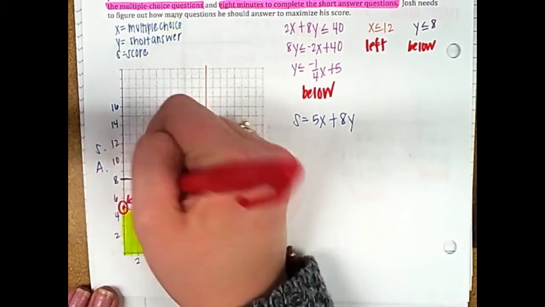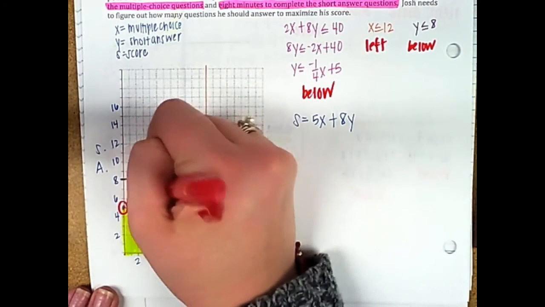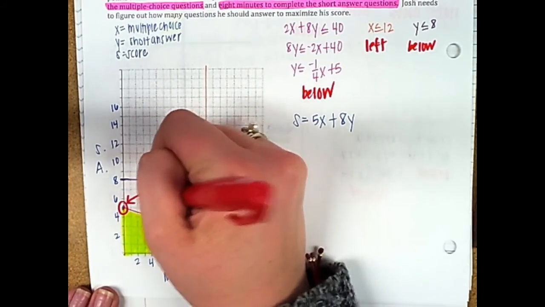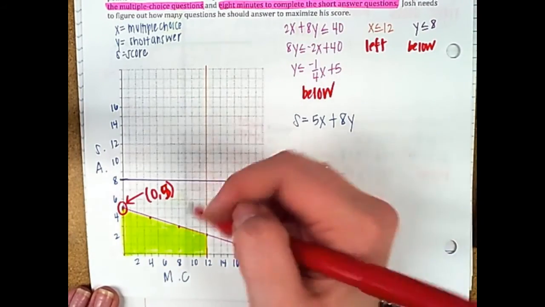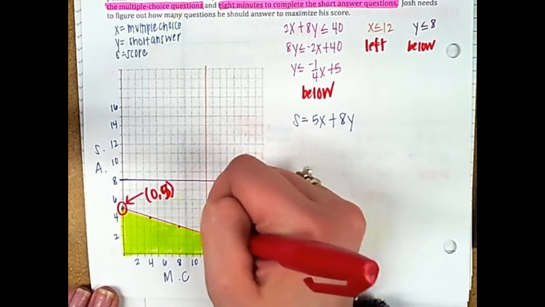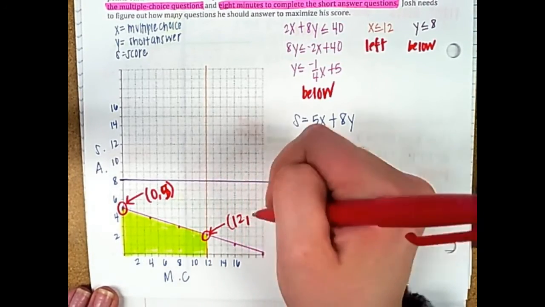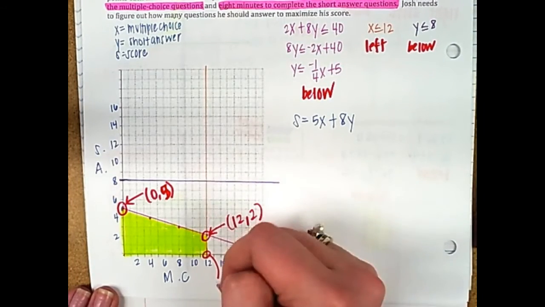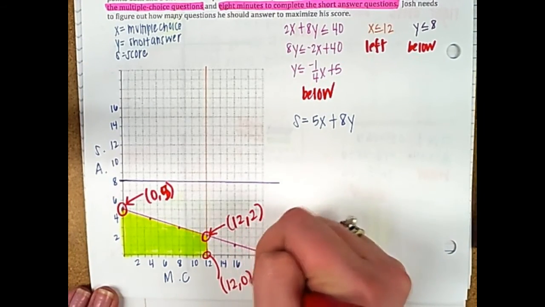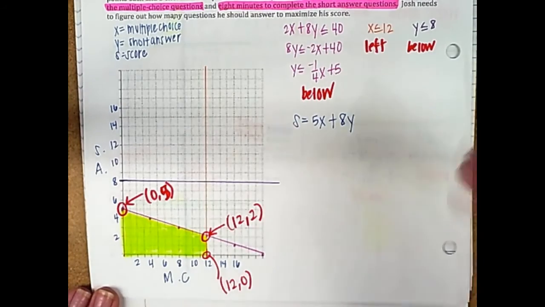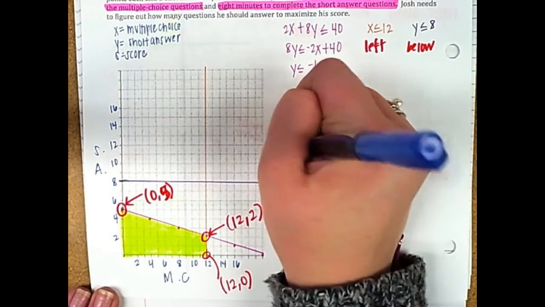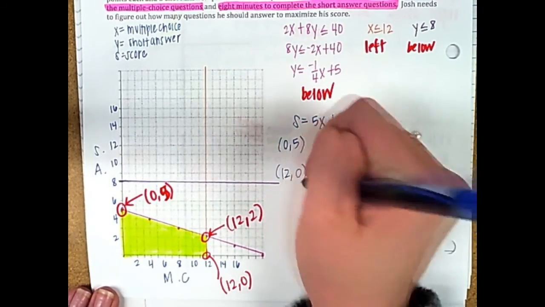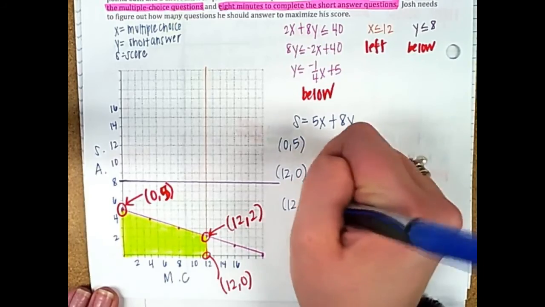So we have 0, 5. We have 12, 2. And we have 12, 0.